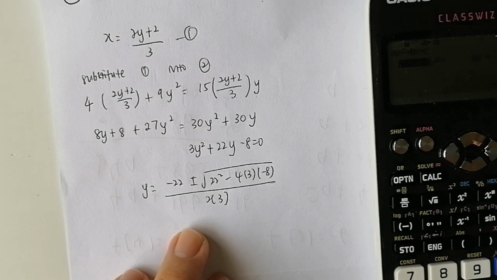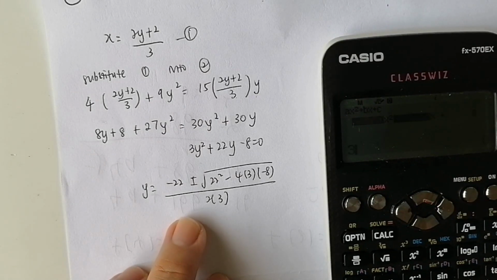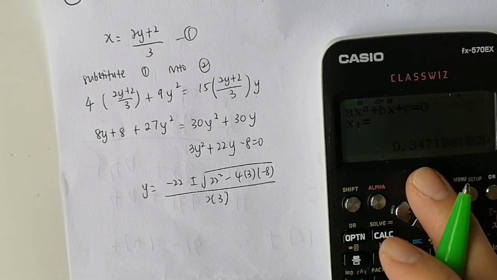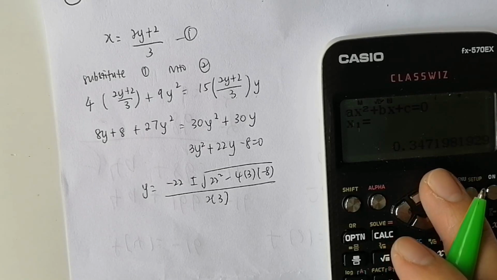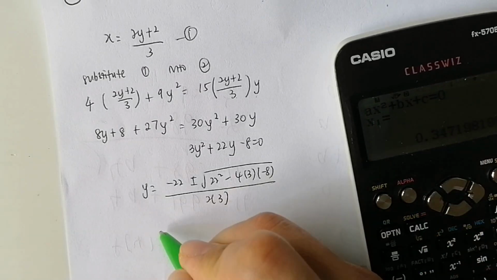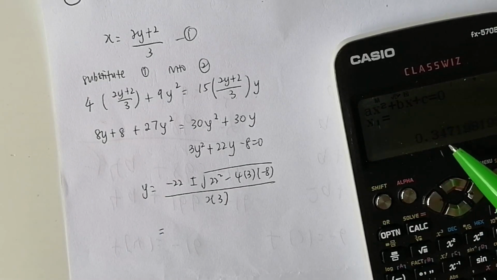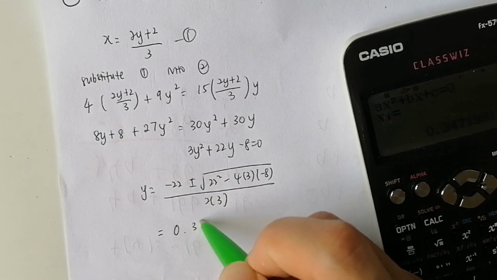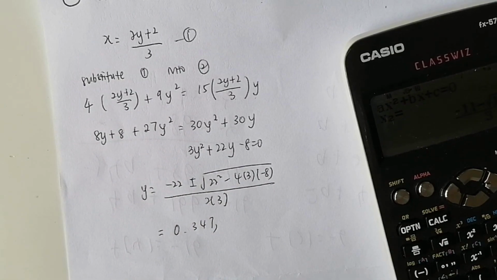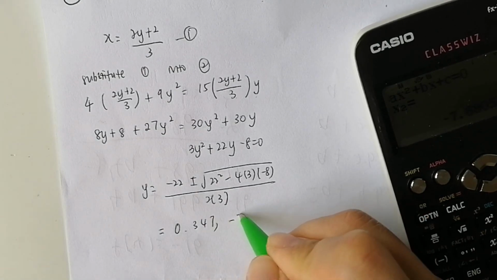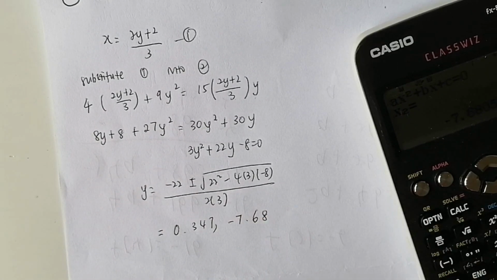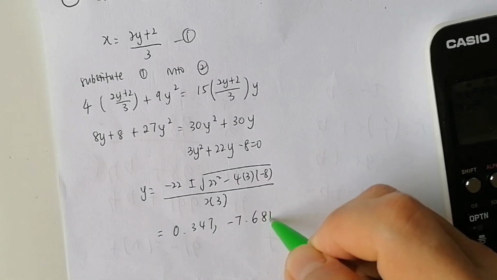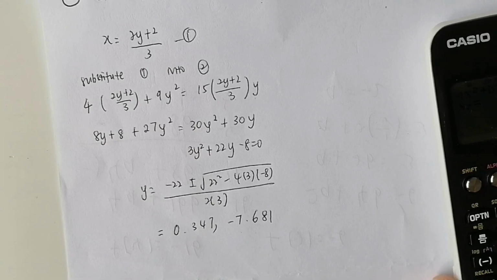We key in 3, 22, negative 8. The answer that appears is 0.34719. You need to round off to 3 decimal places, so 0.347. Another answer is negative 7.681. So you get 2 answers for y.